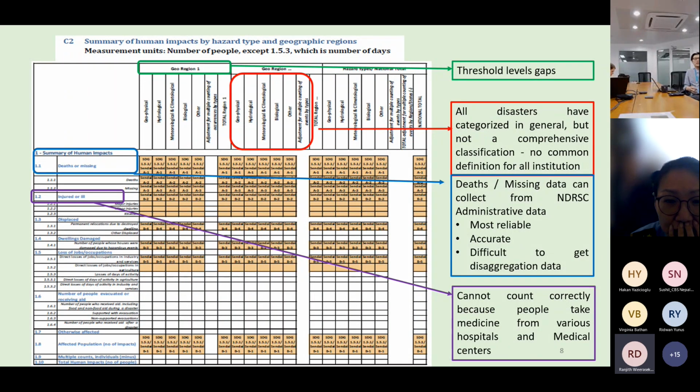But we can fill this data by using NDRSC and Disaster Management databases, because the Disaster Management database collects the smallest administrative units in Sri Lanka and also identifies the most specific disaster related to the area.